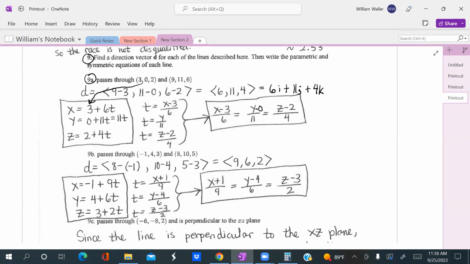So either of these are accepted forms of equations for lines in 3 dimensions.